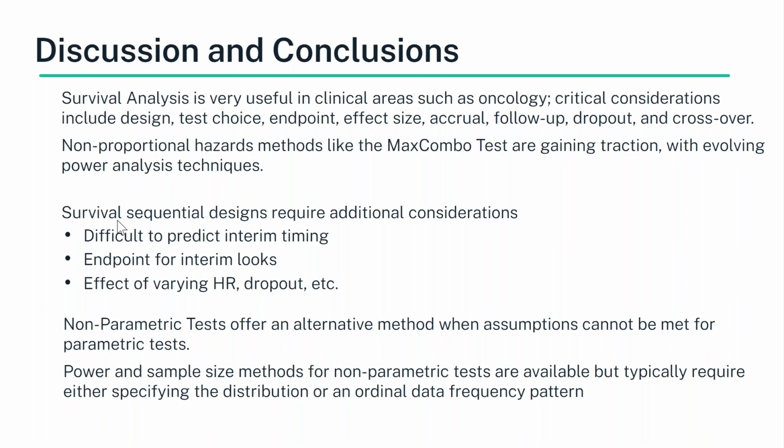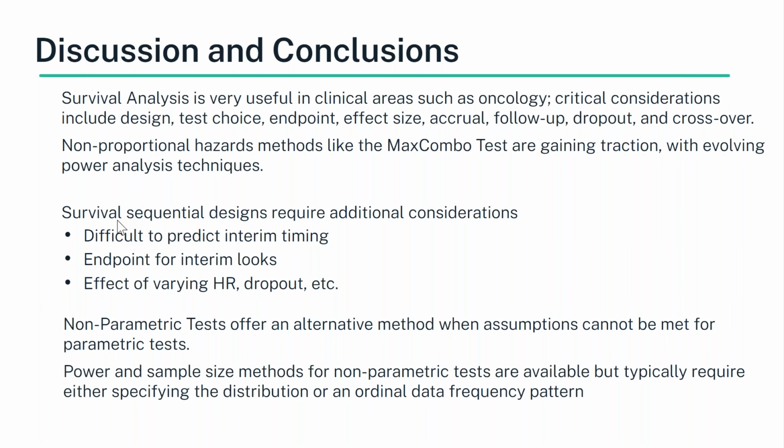We looked at some decisions that need to be made when planning a survival analysis trial and how to handle assumptions like non-proportional hazards not being met. We saw how the group sequential design framework can be applied to survival analysis and the complications it can bring, along with how to use simulation with GSD to verify your assumptions and to test alternative scenarios.